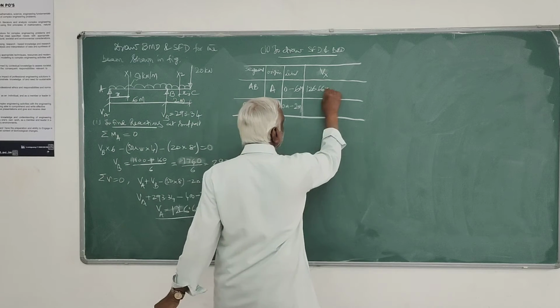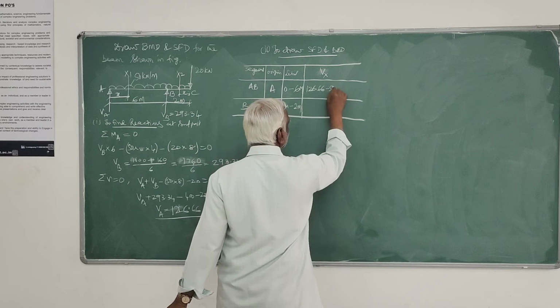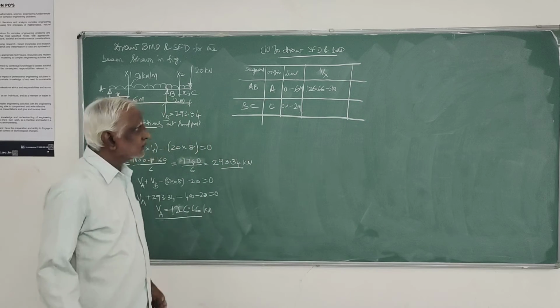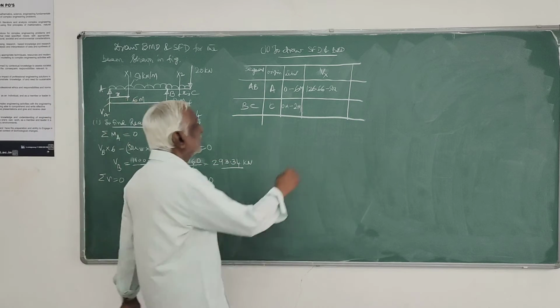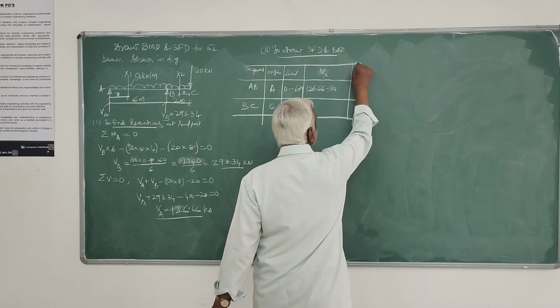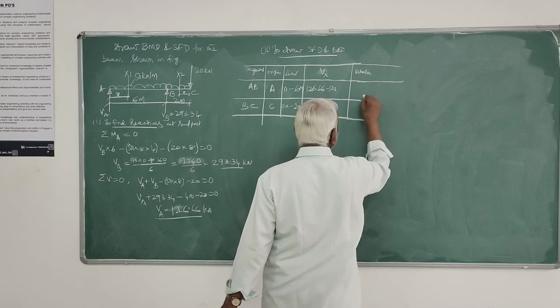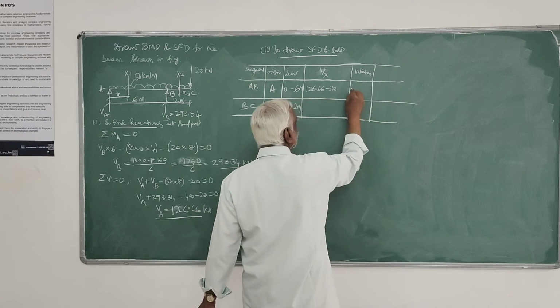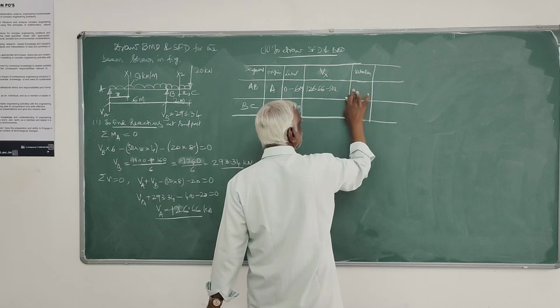So it is minus 50x. That's all. So here the variation, you can write it, is linear. Or that is left to you, you can write it or leave it. Here it is a straight line, linear.